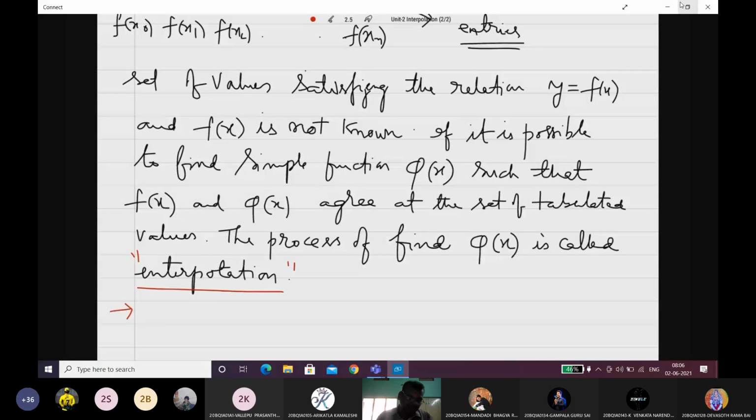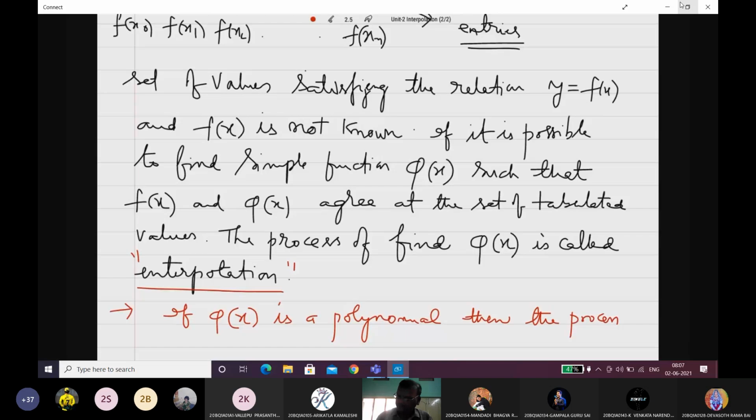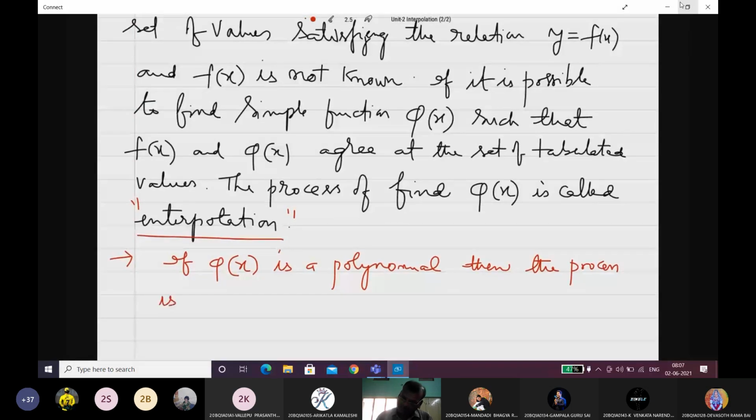If pi of x is a polynomial, then the process is called polynomial interpolation.